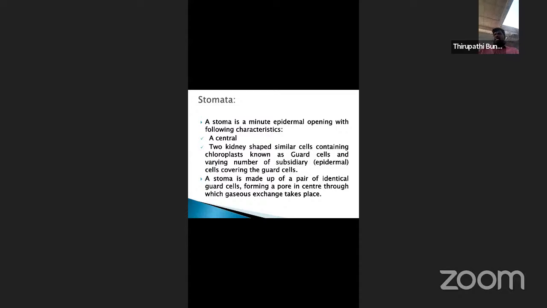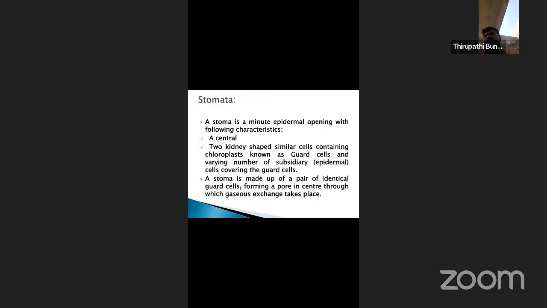Students, double dumbbell. What is the page number? Page number 37. Here, the stomata is a minute epidermal opening with the following characters, and it mainly shows a kidney shape.